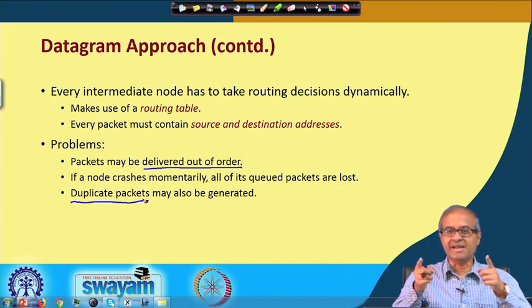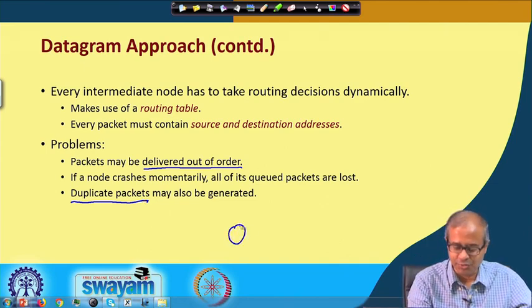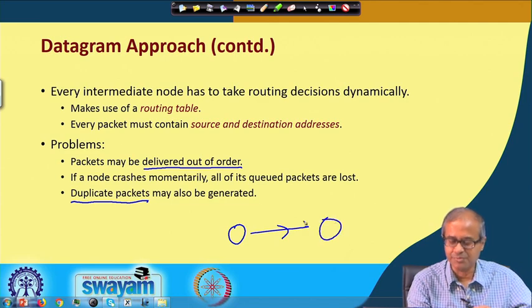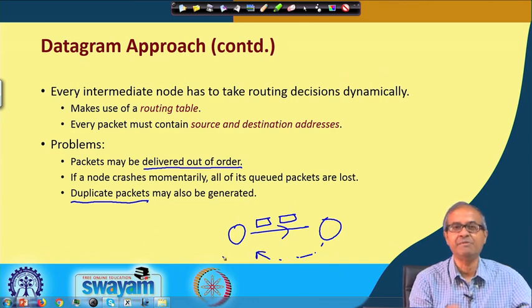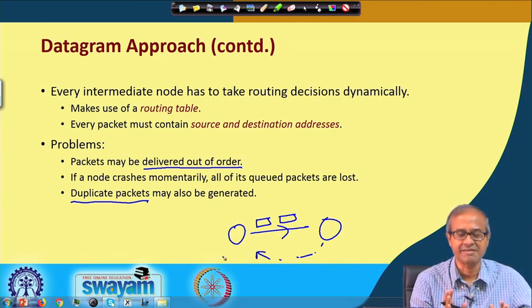Like for every link, suppose there is a link between a node to the next node. This node will be sending some packets to the next node and will be expecting some acknowledgement to come, that well, I have received the packets correctly.